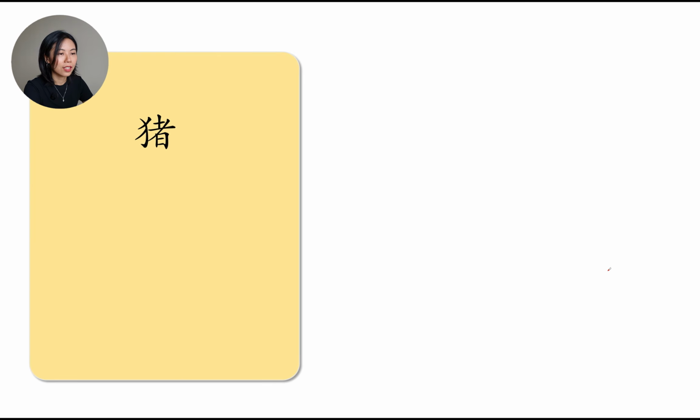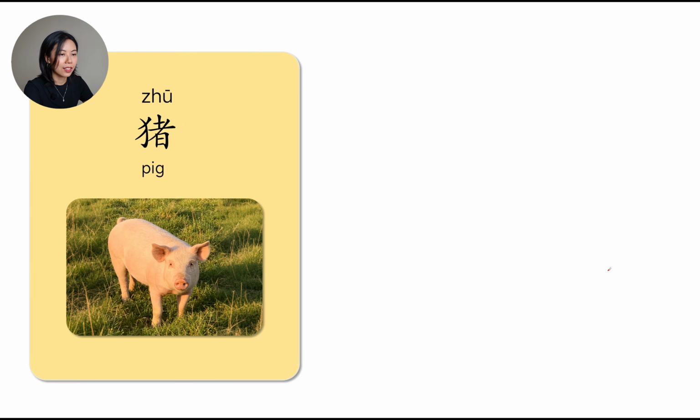猪 is the pig. See? It also has the same radical as 狗 and 猫. Okay? Let's continue.